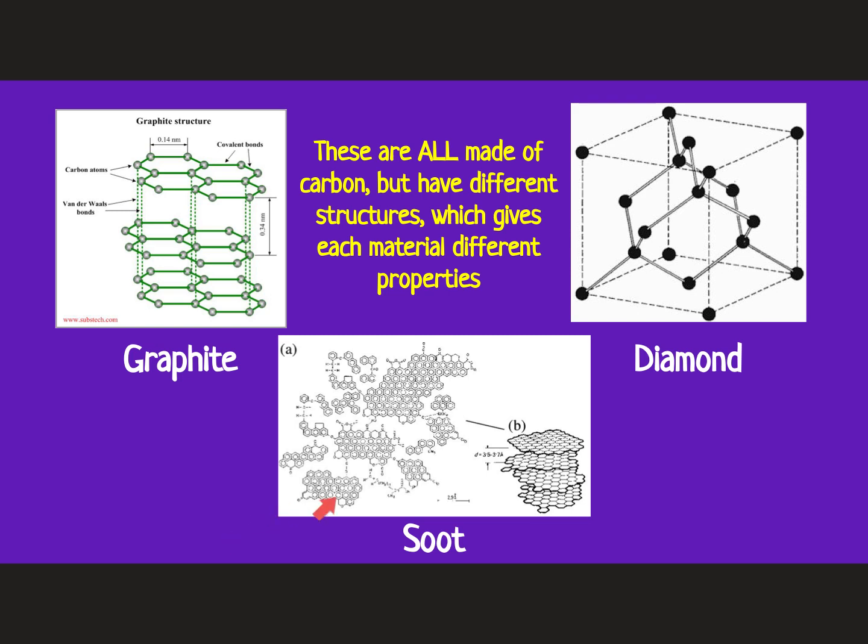And then we have soot, and look, soot makes these sheets. And they're really flat. And they break apart really easily. Maybe that's why when you touch soot, it gets all over your fingers. But when I touch a diamond, it's very hard to break because it's a perfect cube.